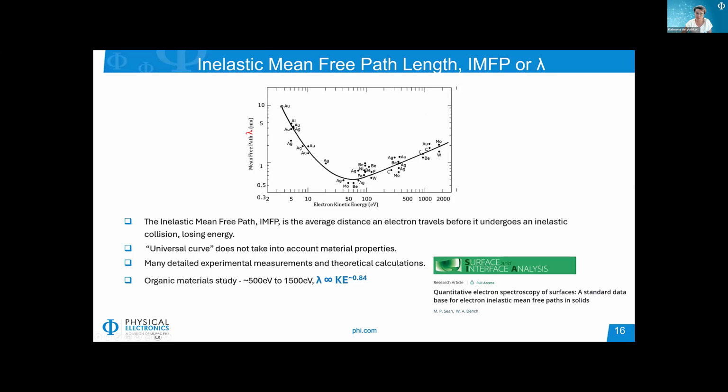For example, one organic material study suggests, for a certain range of energies, the dependence between the inelastic mean free path and kinetic energy. There are many seminal papers published by Martin Seah from NPL and his collaborators on databases and equations that scientists can use to calculate the inelastic mean free path. When I talk about thickness calculations, I will show some of these equations.